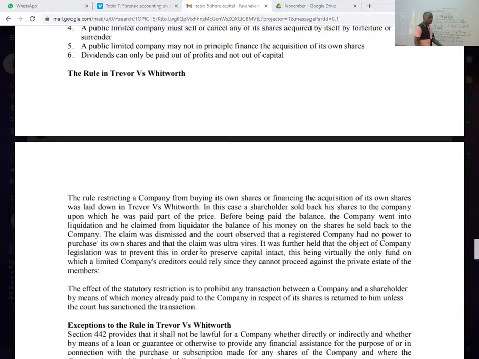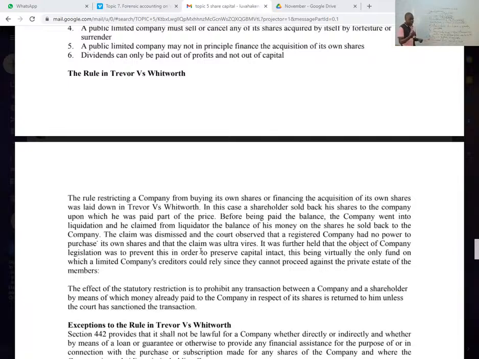So therefore, one of the ways, apart from the ones we've just listed, in which the company can maintain its share capital is to observe this rule, or simply to avoid the purchase or financing the purchase of its own shares.